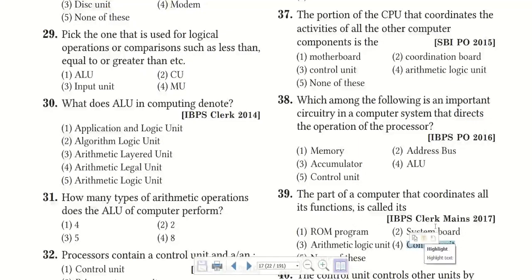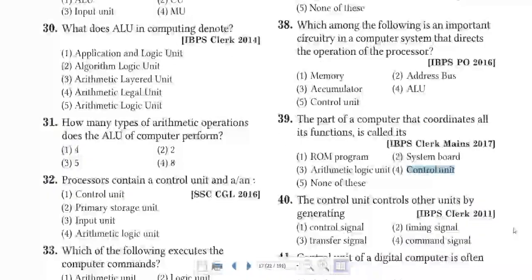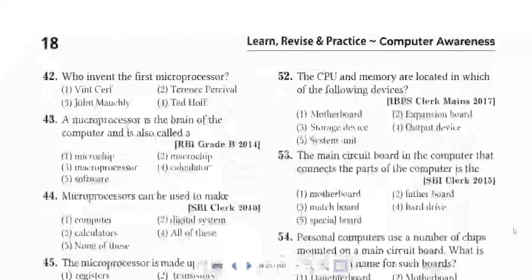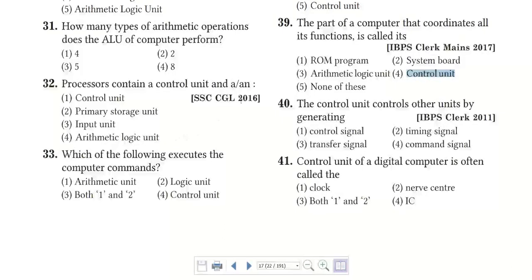The control unit is the director or coordinator of the computer. It controls other units by generating control signals. The control unit of a digital computer is often called the nerve center.